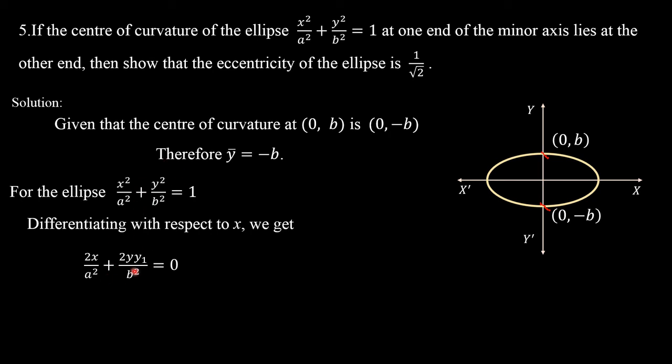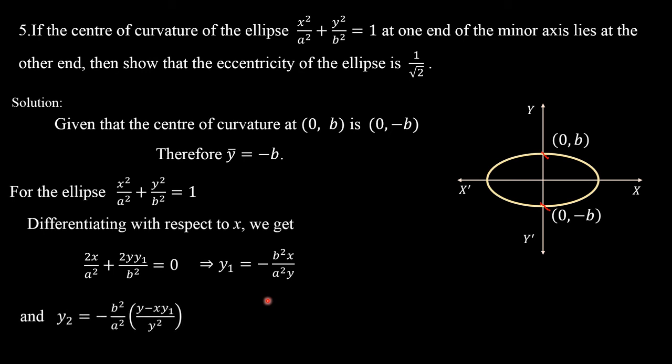What is the differentiation of y²? It is 2y y1 is equal to the derivative of any constant with respect to x, which is 0. Okay, just rearrange the terms over here so that you are going to get y1 = -b²x/(a²y).